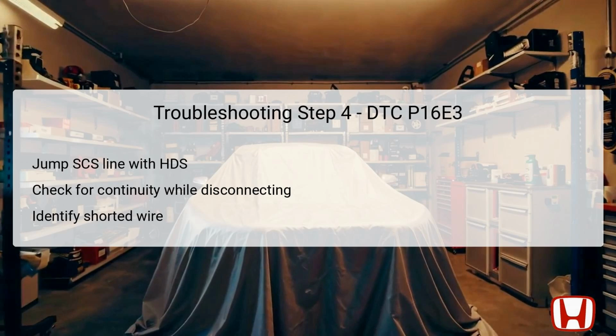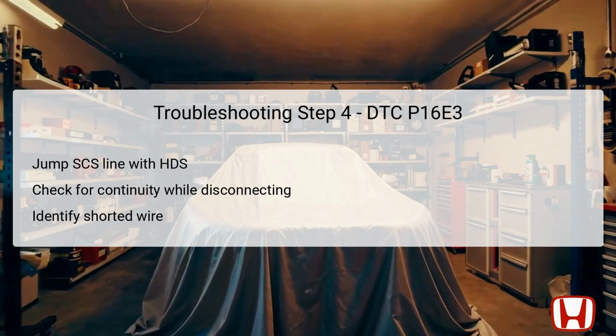First, the alternator 1P connector, followed by the PCM connector A, 51P. The goal is to observe whether continuity ceases when one of these connectors is disconnected. If continuity is lost, this indicates that the wiring is sound, and further investigation can be directed toward the part that caused the interruption.